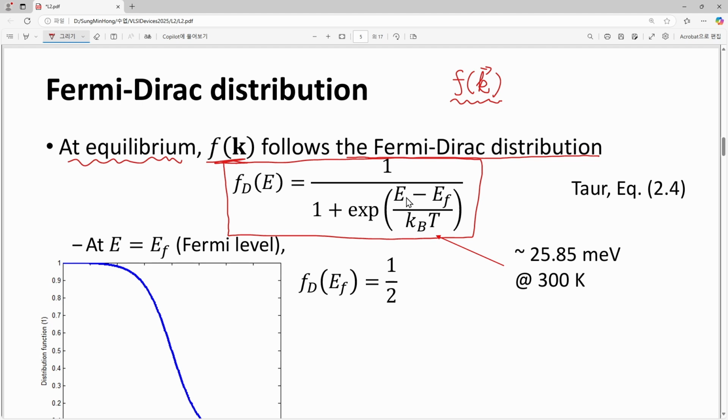For example, if we have the argument going to infinity, then what will happen? Regardless of the value of this formula, the input argument of our exponential function will go to very high.